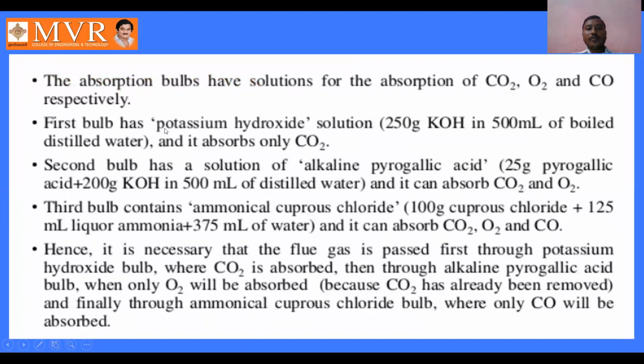The first bulb has potassium hydroxide solution: 250 grams of KOH in 500 ml of boiled distilled water.